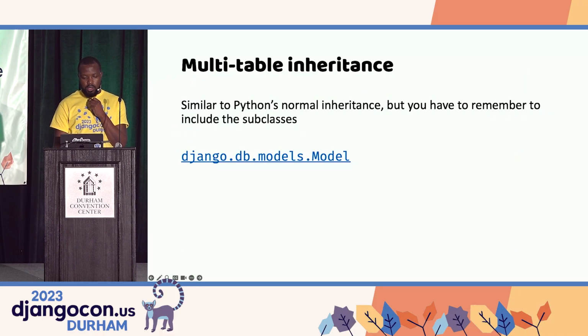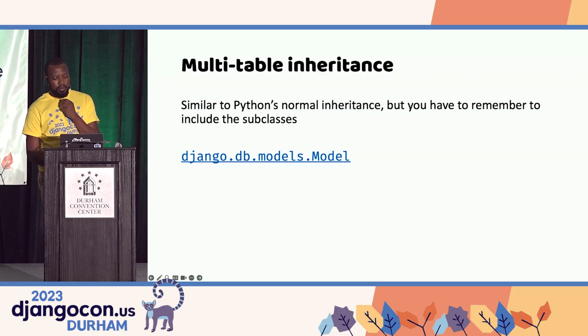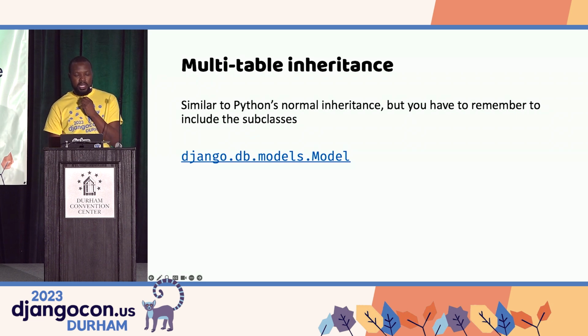Then multiple table inheritance. This one is a bit, I don't want to say complicated, but there are a few parts to it, right? You have tables, but you don't need to add tables to more tables.